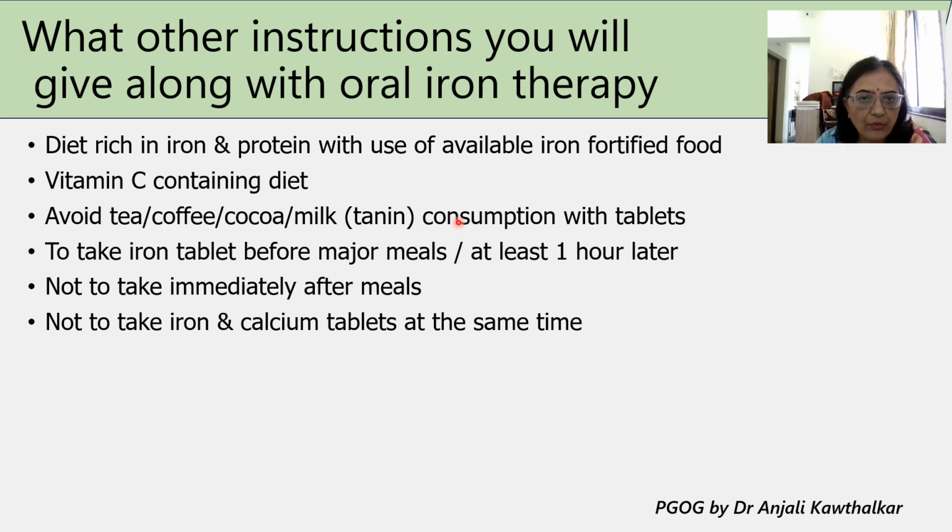Along with the meal, these are to be avoided. Take the iron tablet before major meals or at least 1 hour after the major meal. The iron tablet should not be taken immediately after meals, and iron and calcium tablets should not be taken at the same time, as calcium also hampers iron absorption.